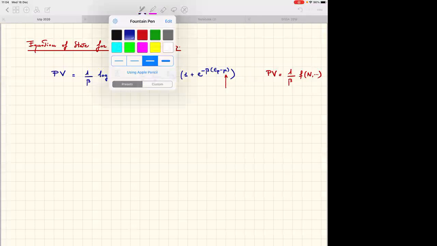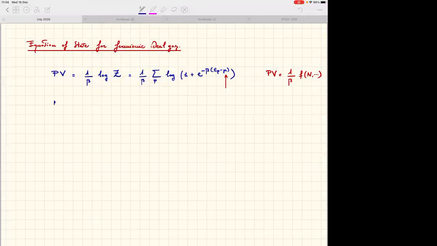Now, of course, the equation for the number of particles as a function of chemical potential is given by the obvious equation, which is the sum over p of 1 over e to the beta (epsilon_p minus mu) plus 1. The plus 1 because we're dealing with fermions.